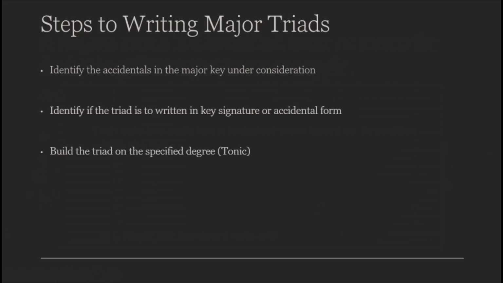The next one is to build the triad on the specified degree name, for example tonic, like you have just done. If the question says write the subdominant triad of A major, meaning that you are to build your triad on the fourth note of A major.